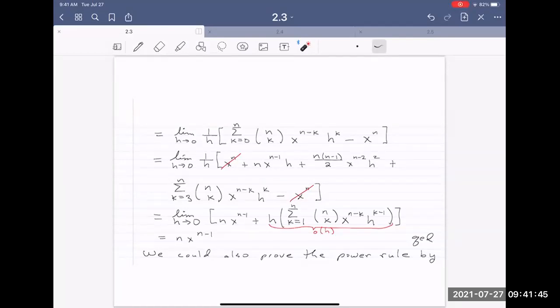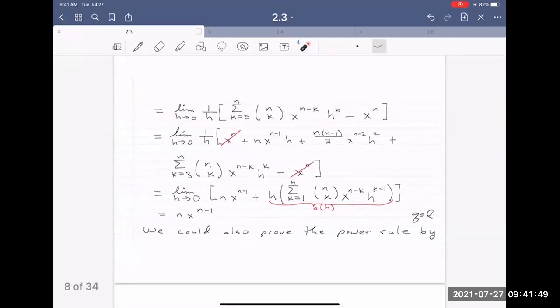Okay, so note, x to the n's cancel. So I just have this term, and I just have these remaining terms. But notice that I can divide this h, one of these h's.